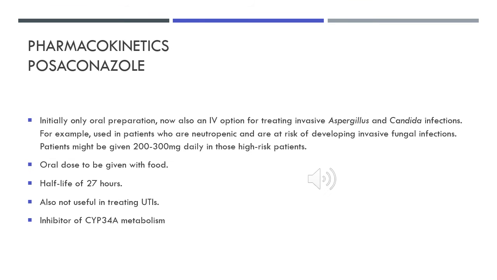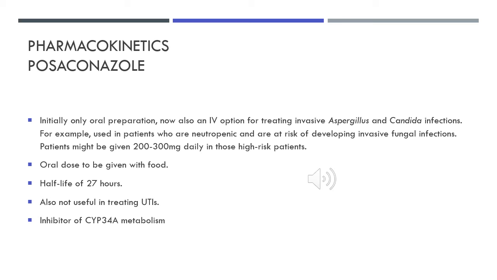Okay? So the pharmacokinetics of posaconazole, which by the way is Noxafil, that's another name for it. Initially we only had an oral preparation, and then somewhere around 2014-15, they came out with an IV option. The population utilizing this drug would be those at risk of invasive aspergillus and candida infections. So, for those of you who are going to be doing outpatient medicine, you should not be thinking your patients are going to need posaconazole.